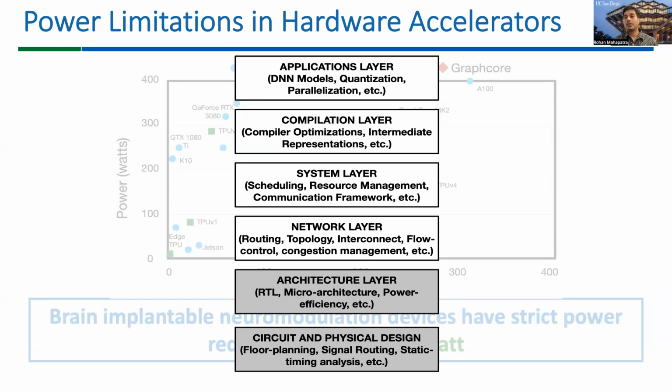Or how do you do signal routing or floor planning such that you can reduce the data movement or the length of the wire that connects one module to another to save power? There's a lot of opportunity for architecture and microarchitecture research, and GeneSys can come in, and people can change the architecture of GeneSys to perform research in these areas.